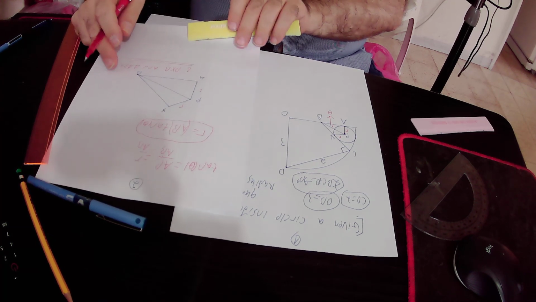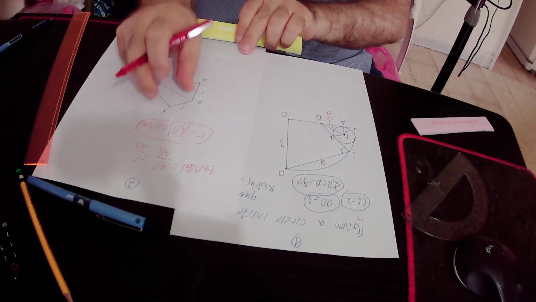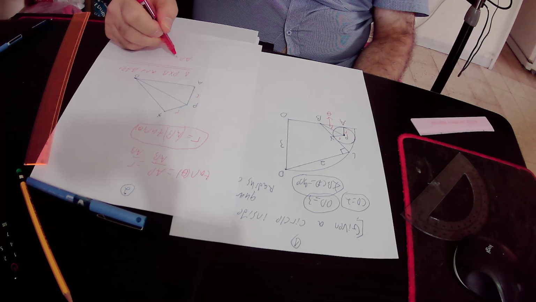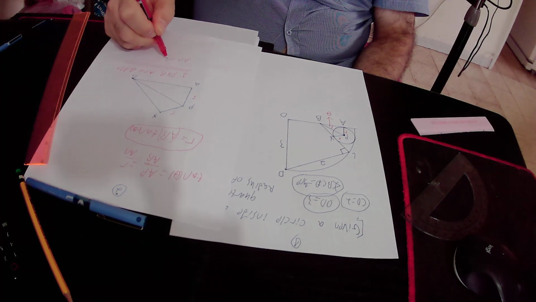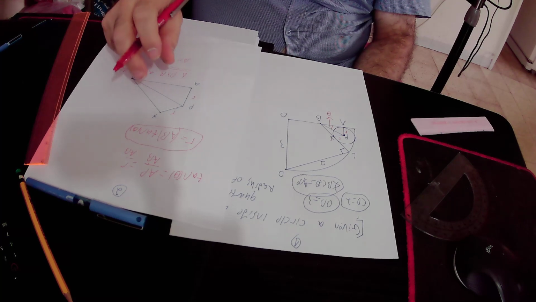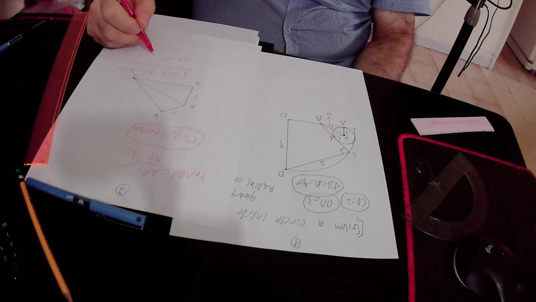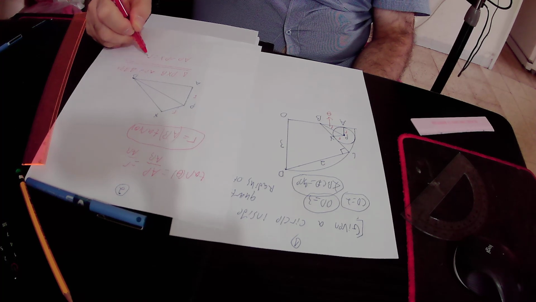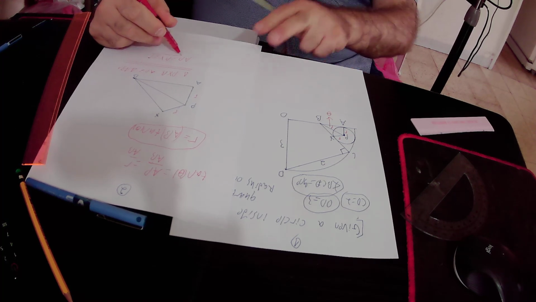First of all, we know that AP equals PX, and those two line segments are both equal to the radius of the small circle. Therefore they are equal to each other.